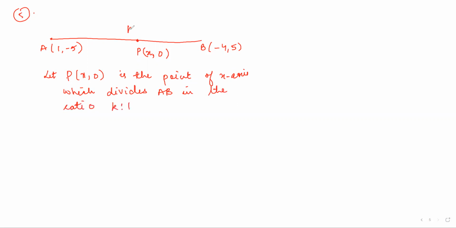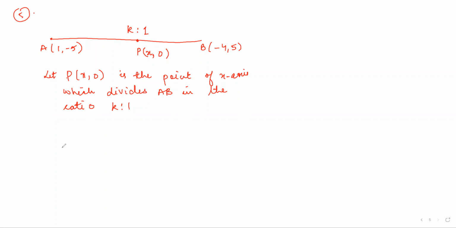Again, you will take the ratio k is to 1. Now two unknowns are there in this question. You don't know the ratio, and you also don't know one of the coordinates of P. In question number 4, only the ratio was unknown. The coordinates were given. Now in this question, the ratio is not given and one of the coordinates is also unknown.